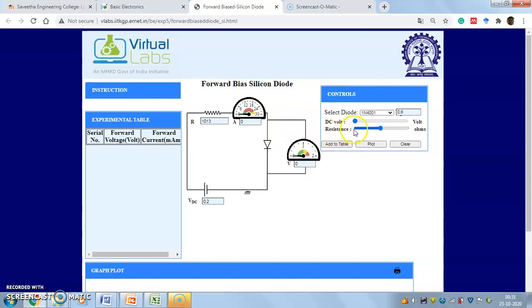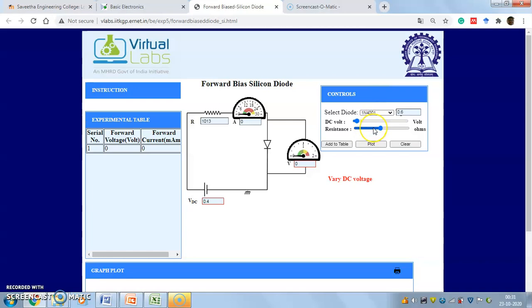First we look at the minimum voltage, 0.2, and then we measure the current value for this resistance of 1K. Then you have to add to the table. The initial voltage is 0, and the measured current is also 0. Now we vary the DC voltage from 0.2 to 0.4.